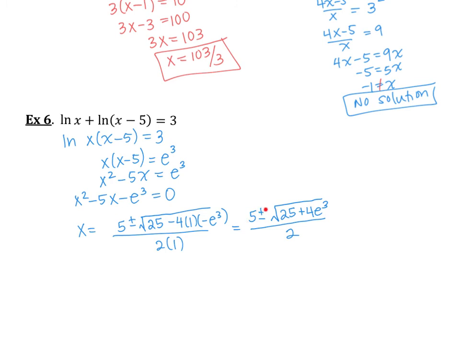Now if I do 5 plus something, and then it's 5 plus 25 plus something, this is bigger than 5. 5 plus something bigger than 5, and then I divide by 2. That'll be safe to plug into here. Okay, so I definitely know that the plus answer does work. Let me write that down. X equals 5 plus.